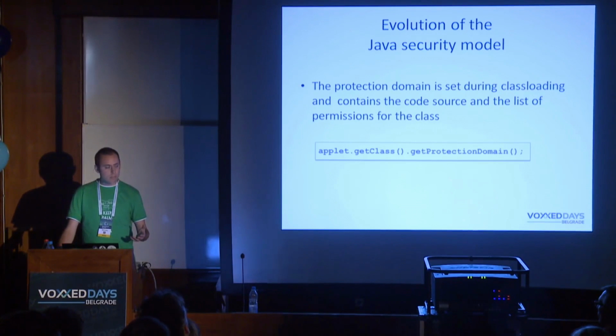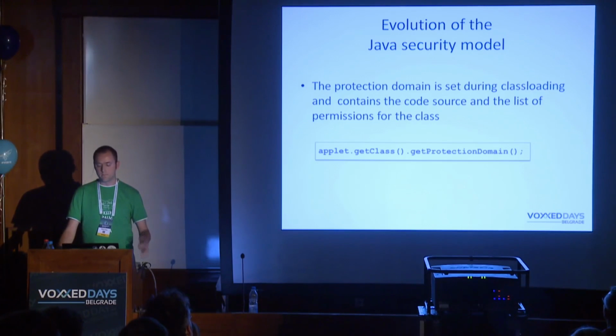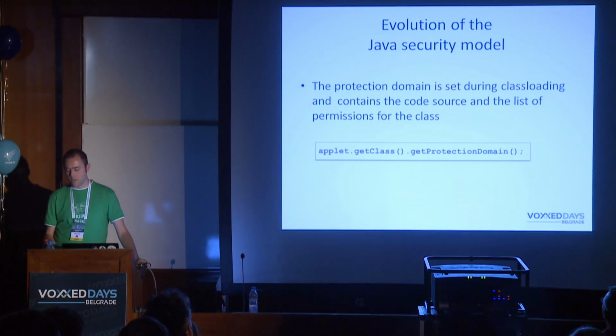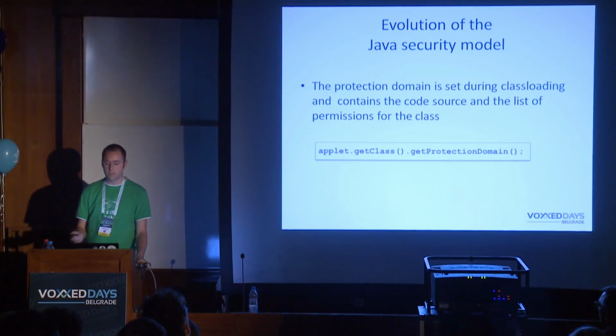And that protection domain essentially represents the set of permissions that this class is allowed to have when it's loaded in the JVM. So this is a protection domain. You retrieve an instance of the protection domain for a particular class by calling applet.getClass.getProtectionDomain. And an applet here is some instance of an applet class that's being loaded by the browser, for example.